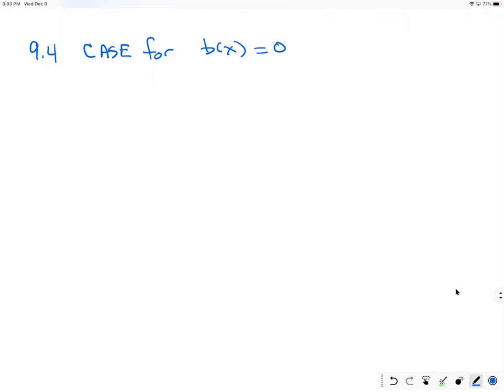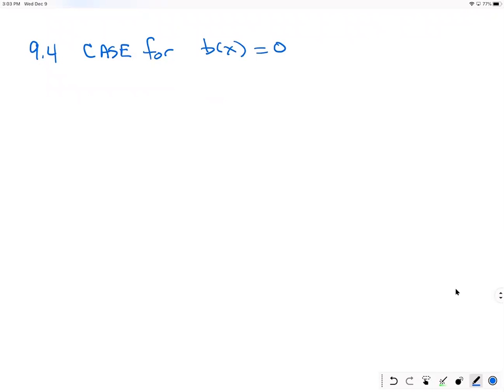Let me double check that I have the right section. Yeah, 9.4.